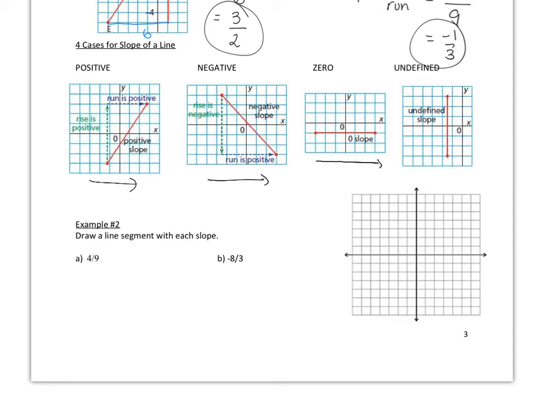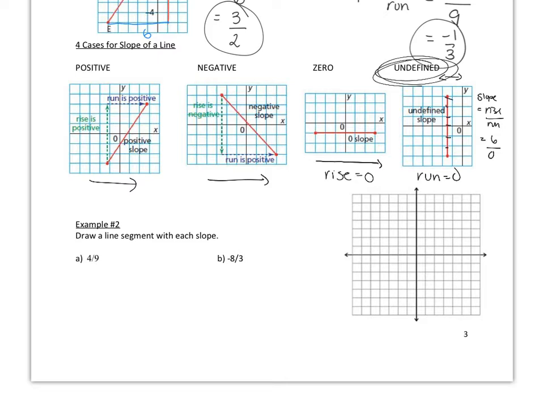It can be 0, where in this case, the rise was 0. And it can be undefined, where in this case, the run was 0. It did not move left to right. Because slope is rise over run, if I have some value, let's say 1, 2, 3, 4, 5, 6 over 0, you cannot divide by 0. So this is an undefined slope.